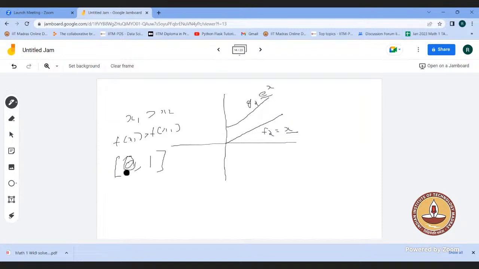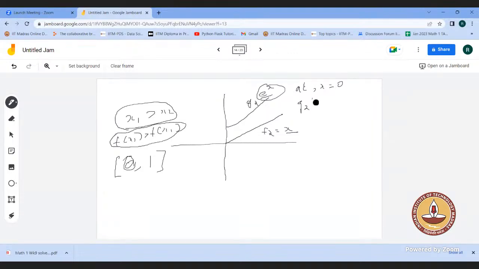Because if you take any other point other than 0, it will follow this condition, so it will be a greater value. So the minimum value would be at f of 0, correct? What is the minimum value of this function at x equal to 0? 1.